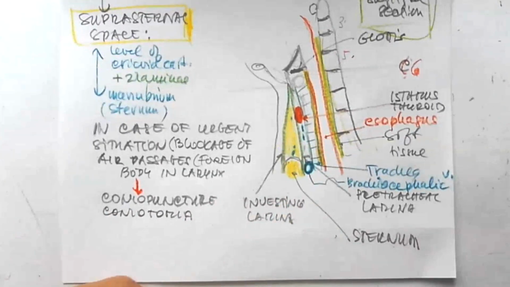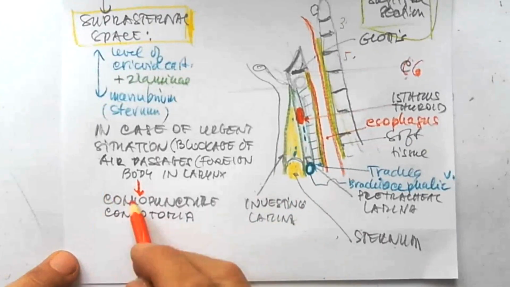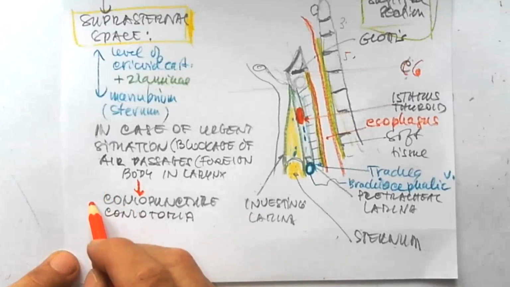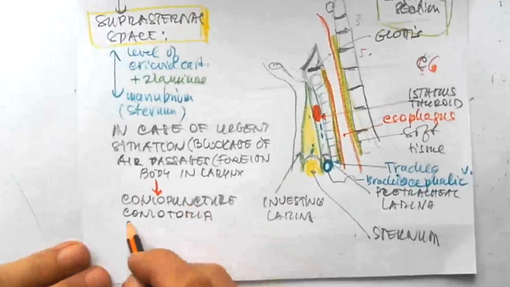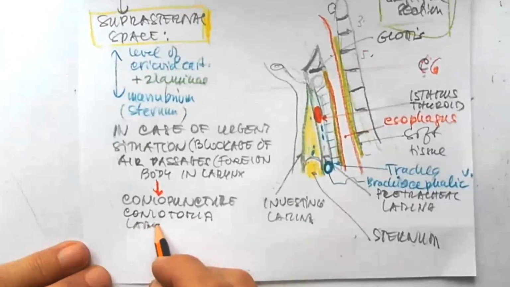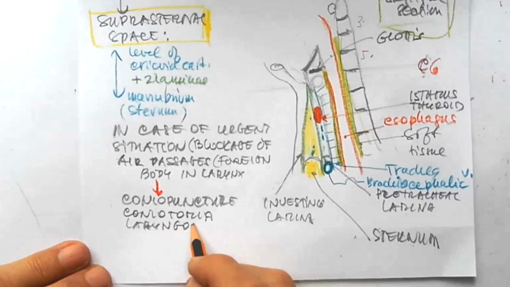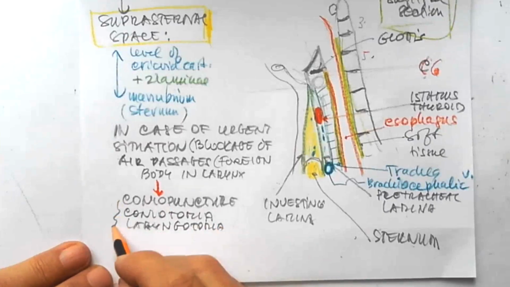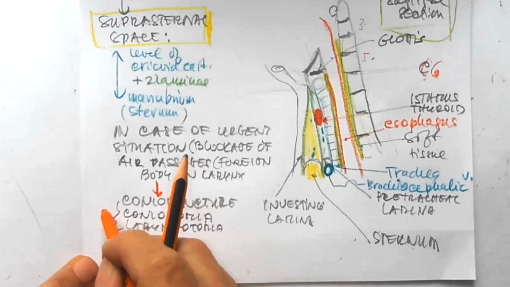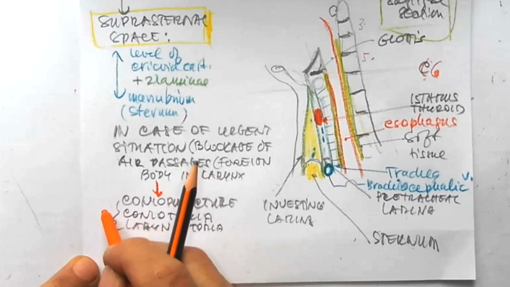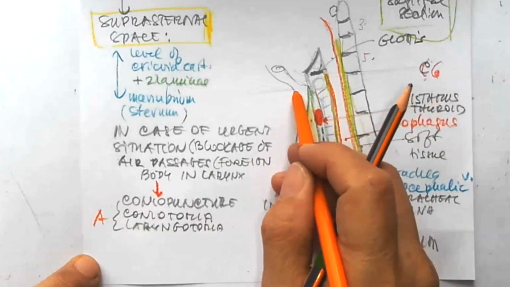And this conio, which color do I use? Maybe light red. This is the conio or laryngo, also laryngo. We can use the word also laryngotomia. Now more frequently used is laryngotomia. So all these three, and using which color? Light orange would be A, in the position of A, which is here at this level.